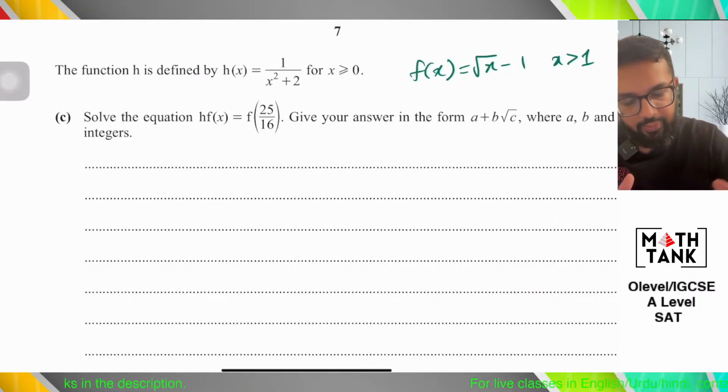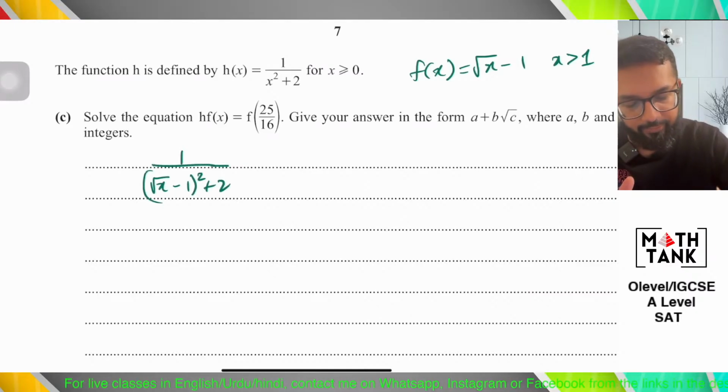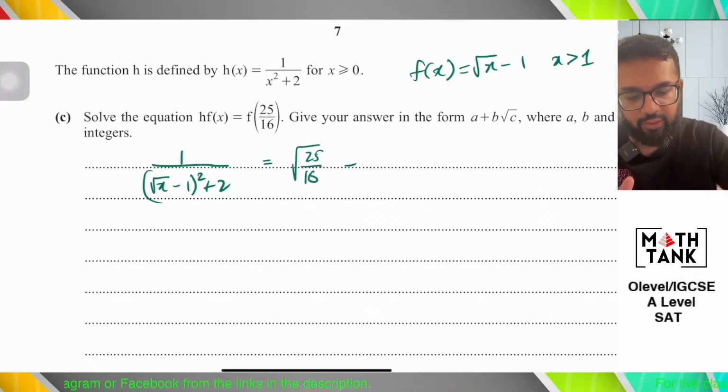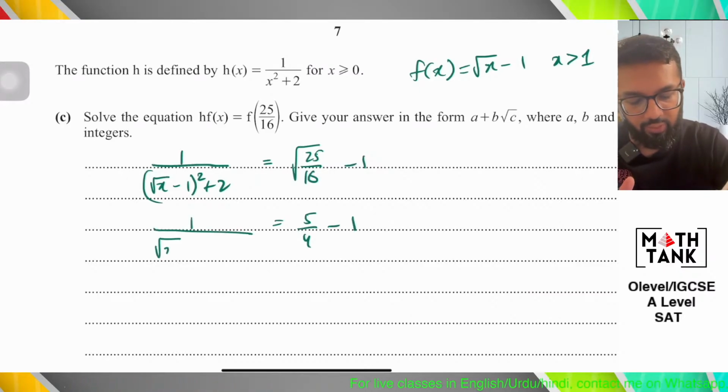Okay, so h of f of x is 1 squared plus, f of 25 over 16, so root of 25 over 4 minus, and here I have a complicated expression.